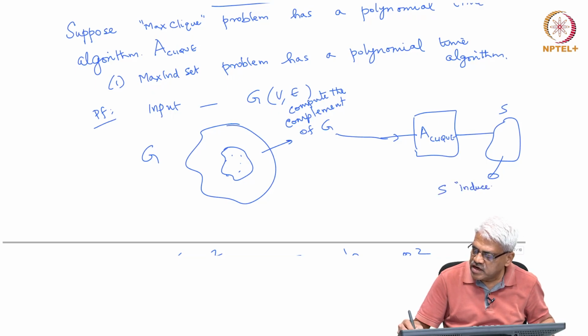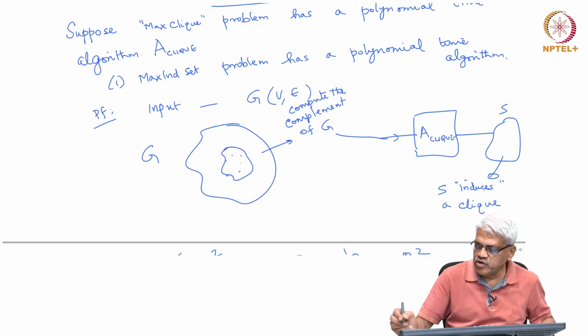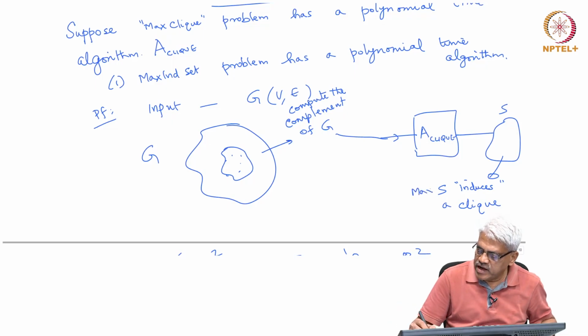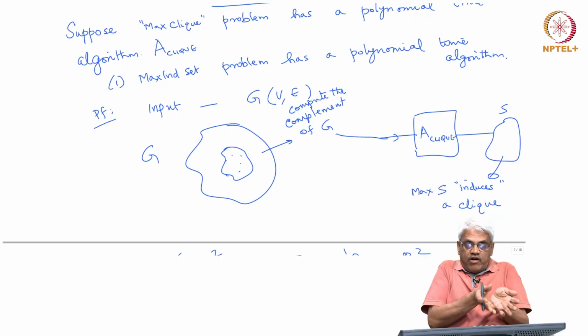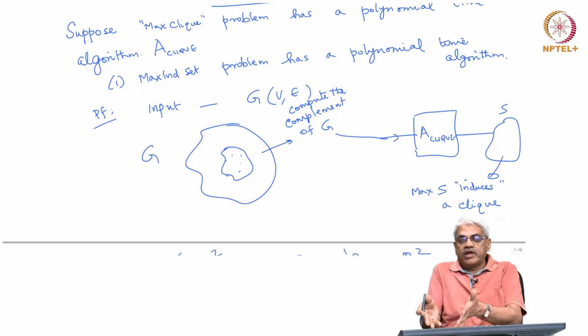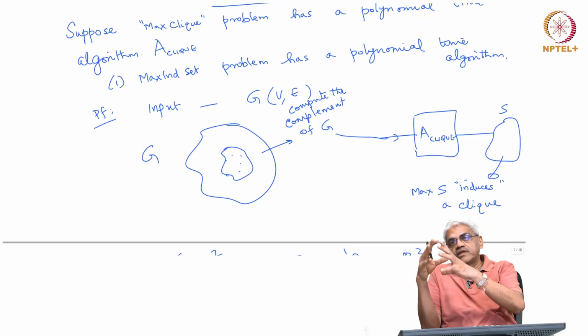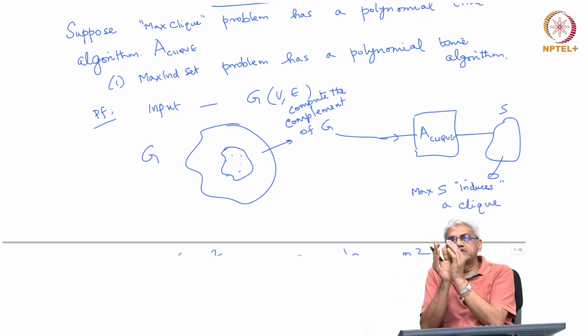That is a technical term, which means that there is an edge between every pair of vertices in S. The CLIQUE algorithm is supposed to take some graph; in this case, I take the complement of my input graph and give it to the CLIQUE algorithm, which comes up with a subset of vertices where there is an edge between every pair of vertices.